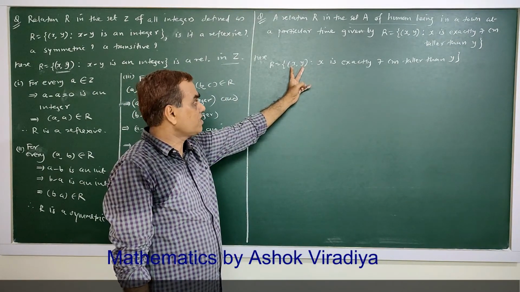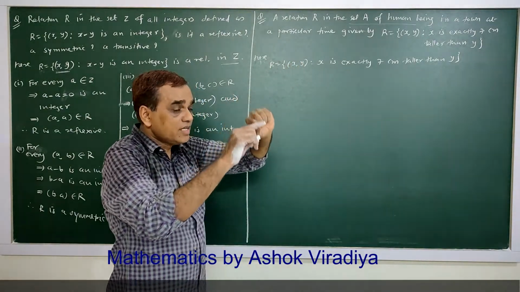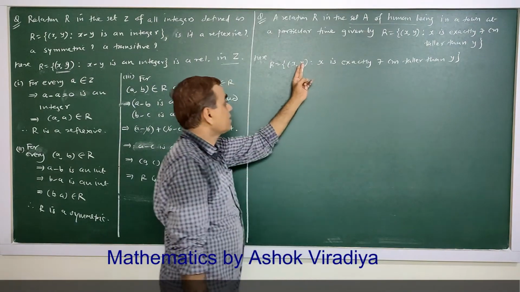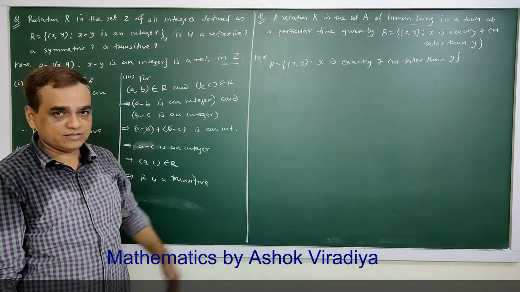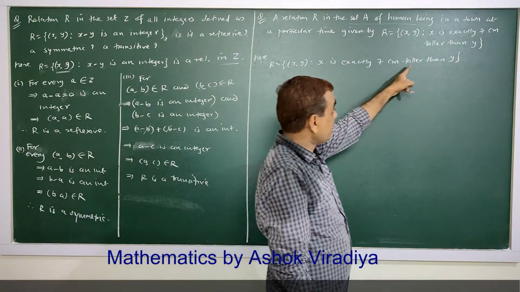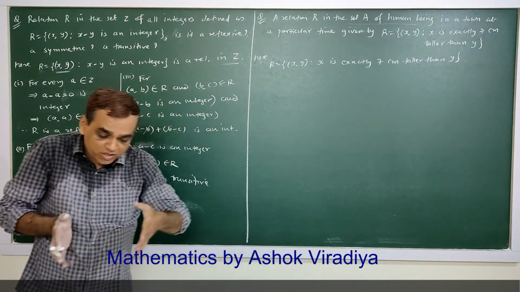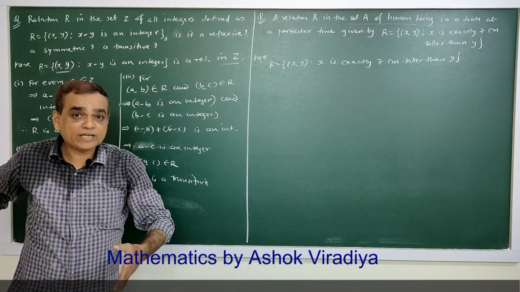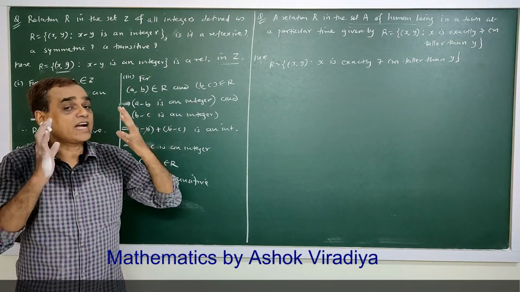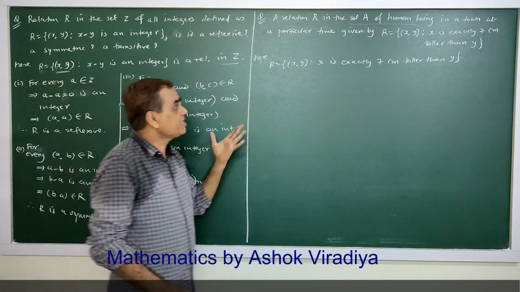Such ordered pairs belong to R if the first person is exactly 7 centimeter taller than the second person. So R contains the set of all such ordered pairs, and this is a relation.